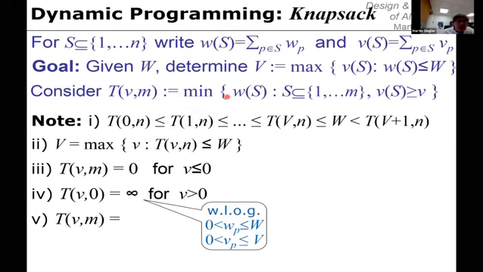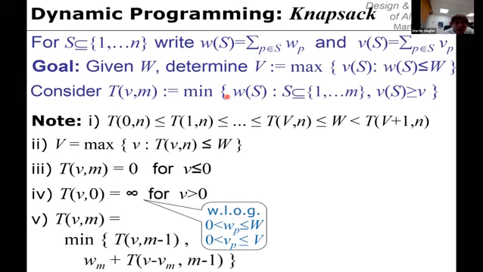Good, and now comes the interesting final part, namely how to fill the inner entries of the table. In Pascal's triangle, this is where the sum of two binomial coefficients yields a new binomial coefficient. Here we want to establish the following formula: a new entry in the table at position V and m is given by the minimum of two other entries.